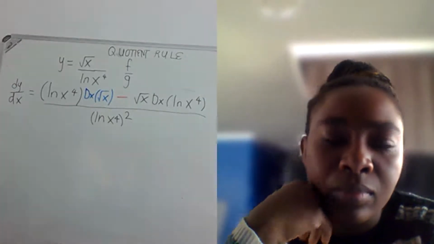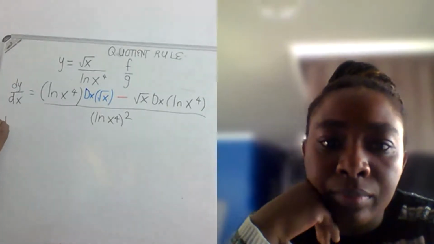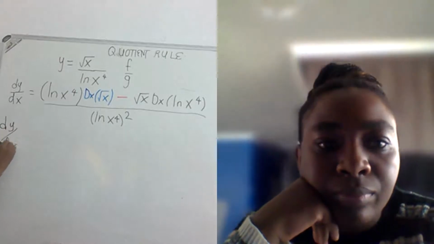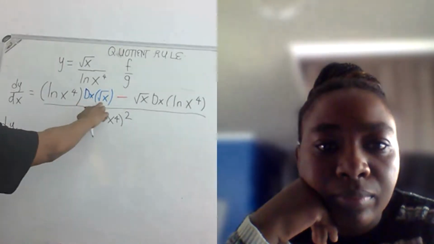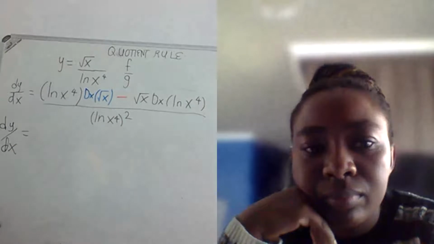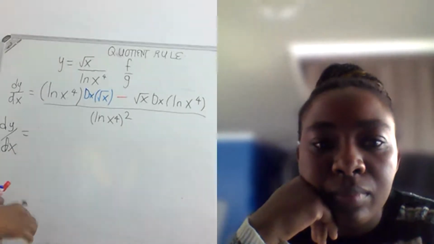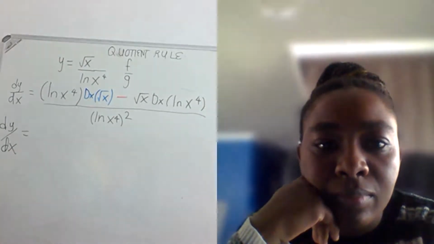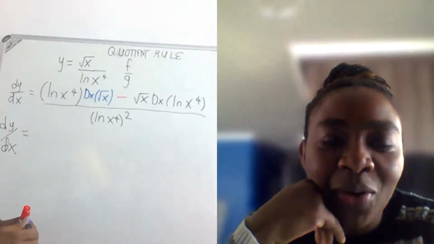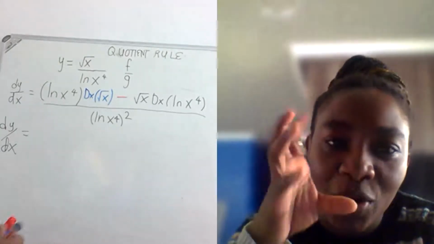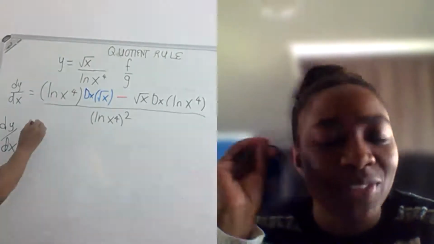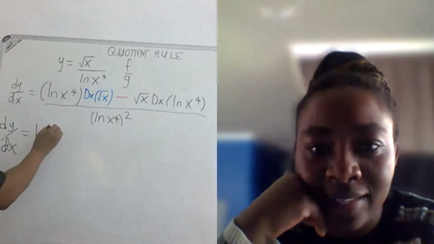Okay, now we go. So for this case here, we're going to say dy/dx equals... When you differentiate square root of x, what did you get? 1 over 2 square root of x. Okay, now give me the answer. The ln x to the power 4 stays as it is.